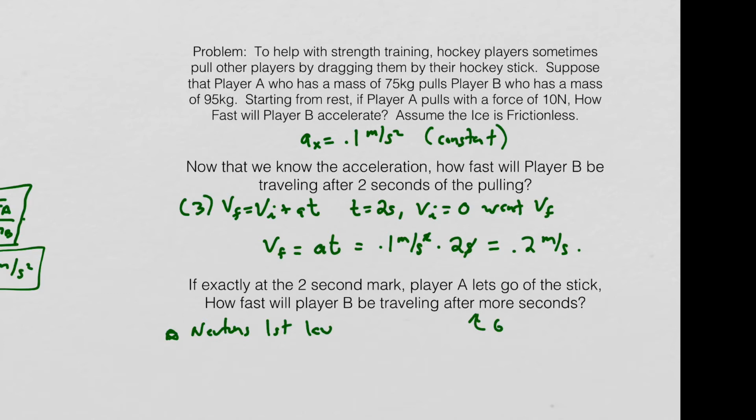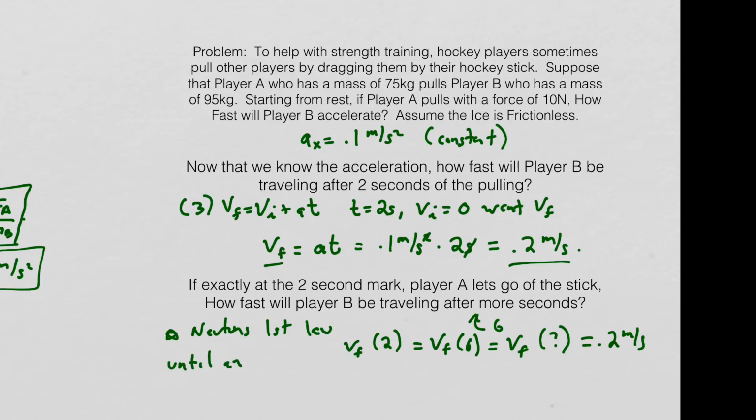So what was the motion at the 2 second mark? The motion was a velocity of 0.2 meters per second. So then we know that v final at 2 is going to be the same as v final at 6. It's going to be the same as v final at any time, which is going to be just 0.2 meters per second until an external force. And the world is a happy place.